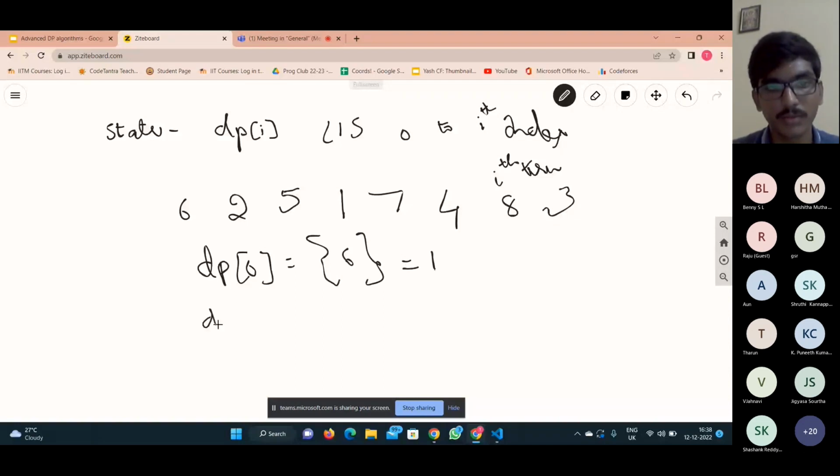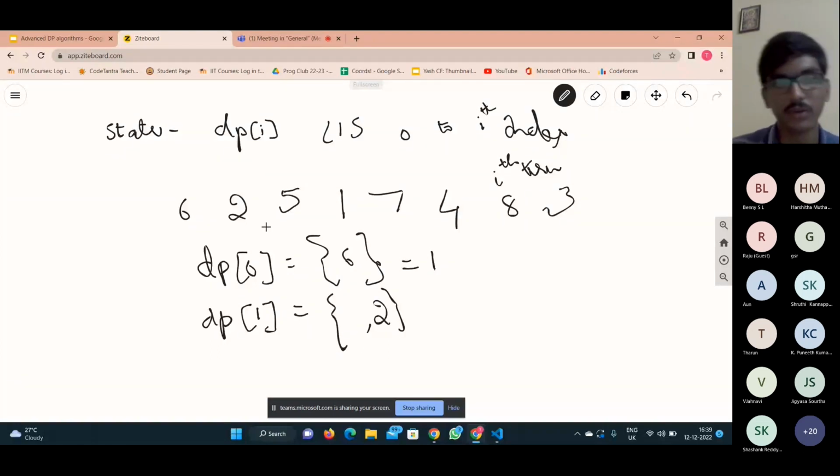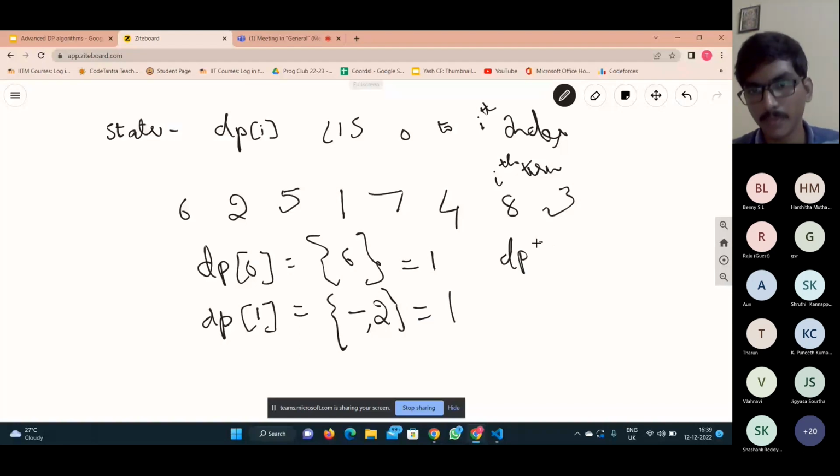Let's see what DP of 1 is. DP of i must definitely contain the ith term, so we're definitely going to have 2. But we don't have any term which is less than 2 from 0 to first index. So DP of 1 is also 1. Look at DP of 2, from 0 to second index and containing the second indexed term, which is 5.